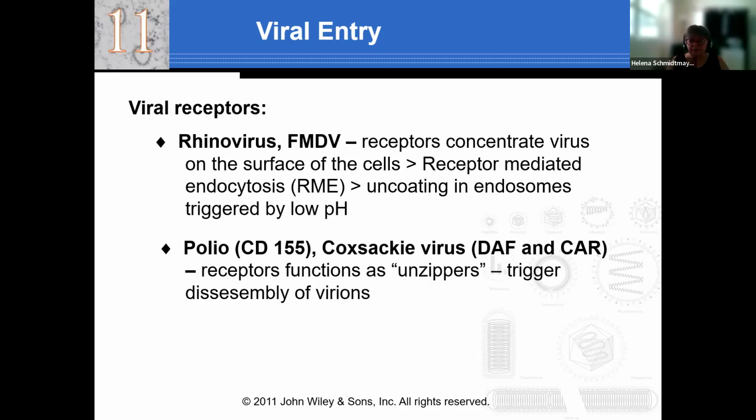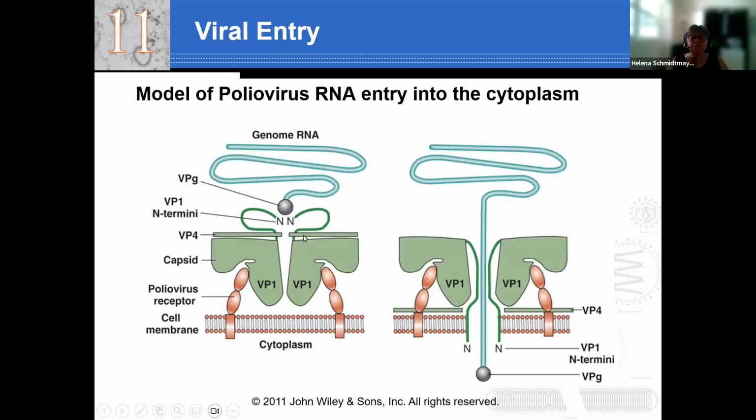For poliovirus and Coxsackie virus, the receptor functions as an unzipper, which triggers changes in the virus and disassembly of the virions. Now, this is a model of how poliovirus enters. Remember, rhinoviruses enter by receptor-mediated endocytosis. Poliovirus enters by creating a channel inside the cell membrane.